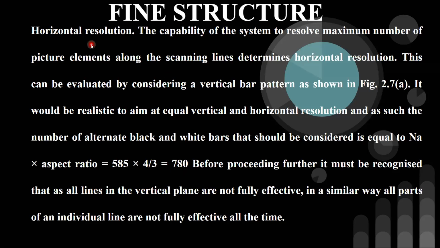So that is the capability of a system to resolve the maximum number of picture elements along the scanning lines determines the horizontal resolution. This can be evaluated by considering these vertical patterns, such as number of scan lines 585 multiplied by the aspect ratio 4 by 3, which is equal to 780.